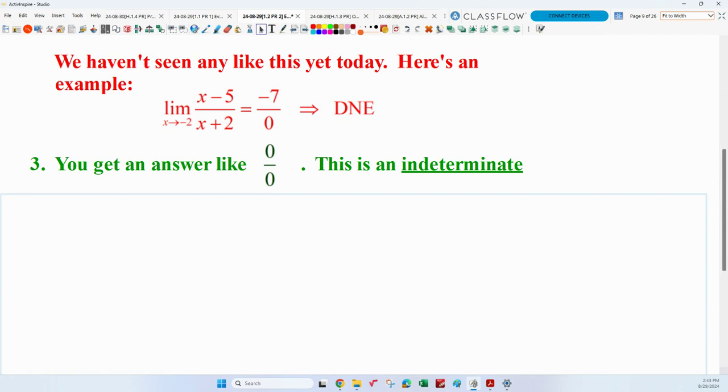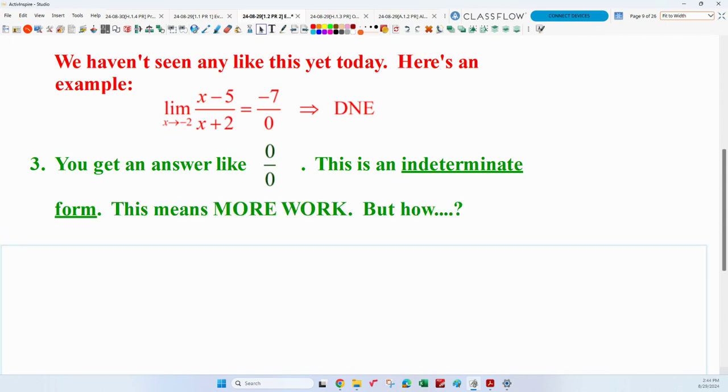If you get a limit that works out to be 0 over 0, or it could be infinity over infinity, we'll find later on, or it could be 0 times infinity, or it could be infinity minus infinity. There's a host of different kinds of outcomes we can get that are indeterminate, which just means more work somehow. We've got to come up with a way of resolving that indeterminacy and getting an answer. And that's what the focus will be over the next few days for us. How do we do that? All right, good place to stop.